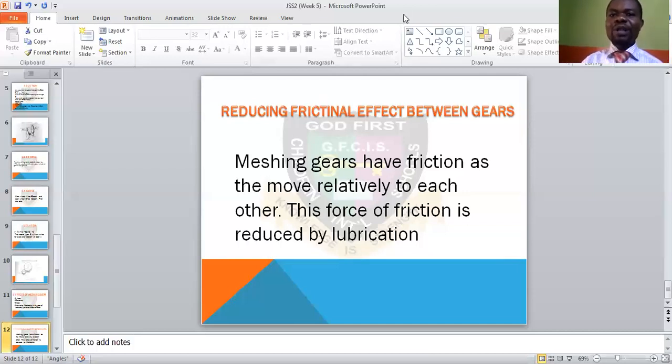So we also need to quickly look at what we have said from the beginning, or have a recap. We said that gear speed is the rate at which a gear turns per minute. That is RPM, revolutions per minute. That's the unit of measurement of that speed. We've also talked about a gear with larger teeth turning once while the one with smaller teeth will turn twice.